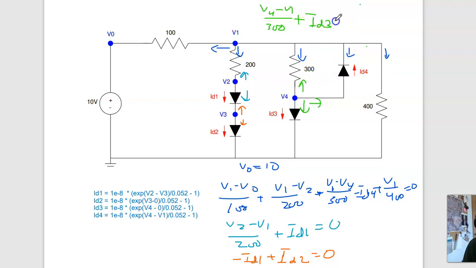Current right is ID4. Is 0. And that's it. Okay, so this is my 8 equations, 8 unknowns: 4 for the diodes and 4 for the voltage nodes.